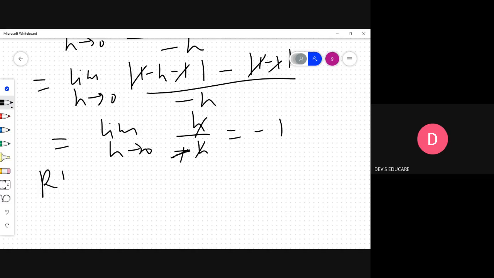RHD: put x equals 1 plus h, as x tends to 1, h tends to 0.